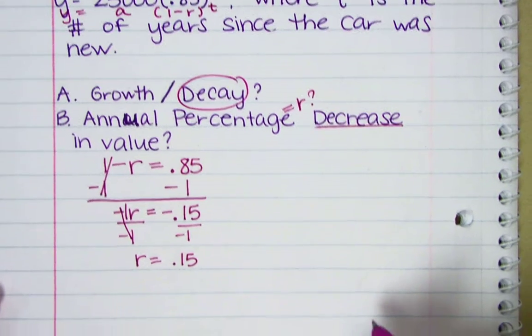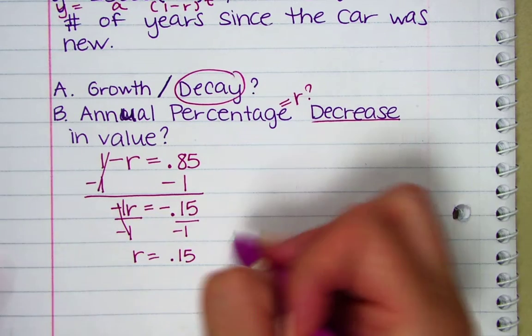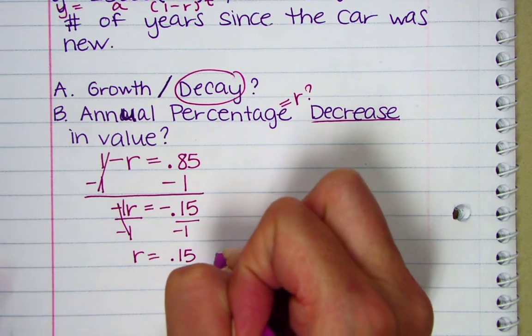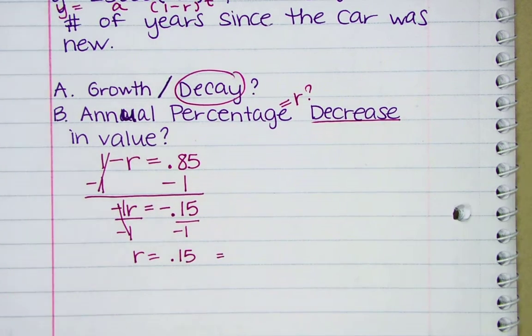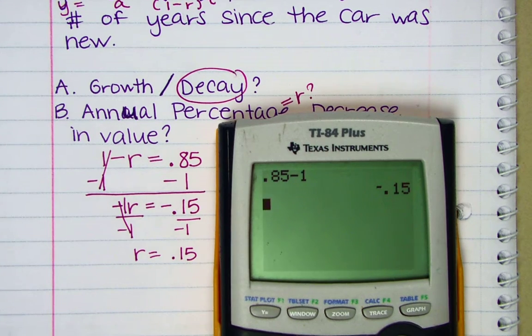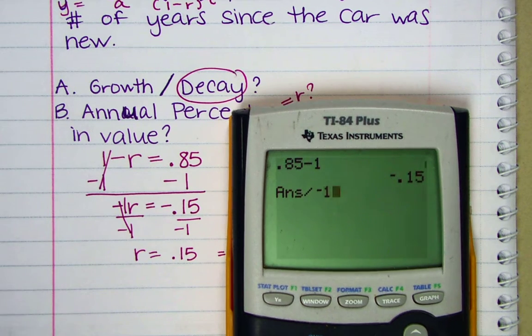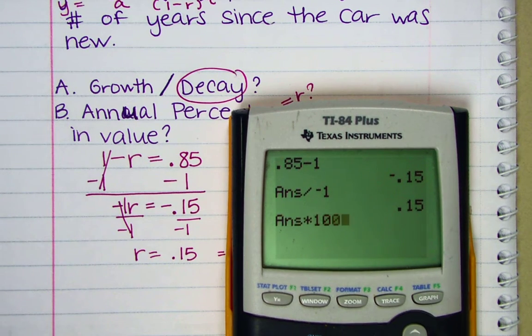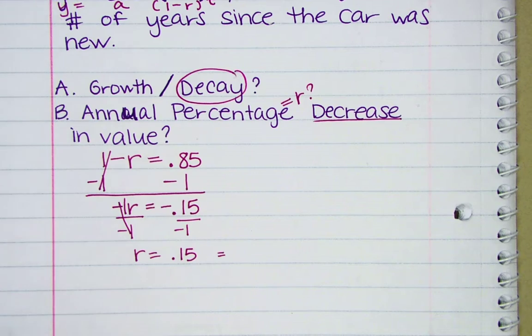That's a decimal. We want a percentage. How do you turn a decimal into a percentage? You move the decimal 2 places. Another way to do that is multiply by 100. I divided this by negative 1 and got 0.15 times 100, 15%.